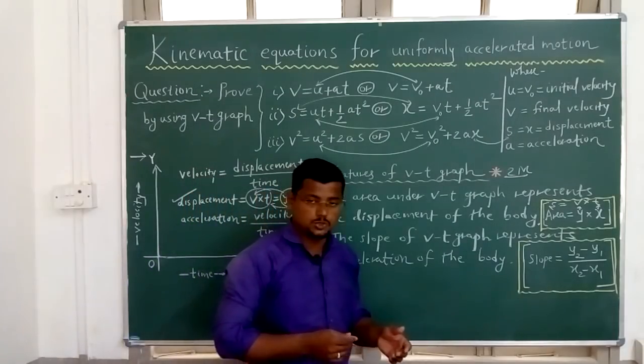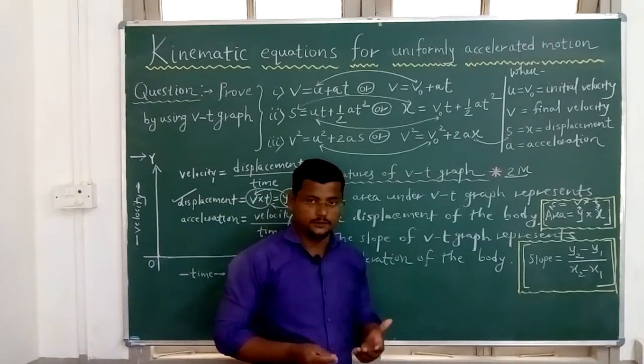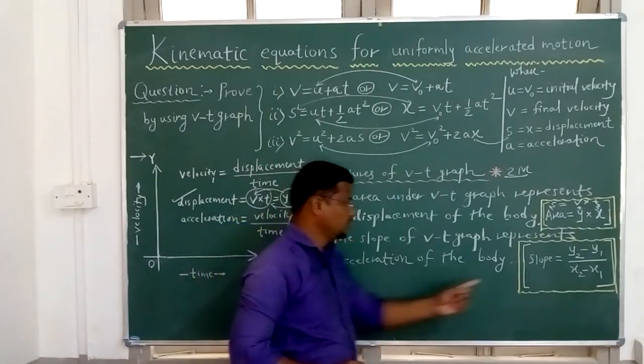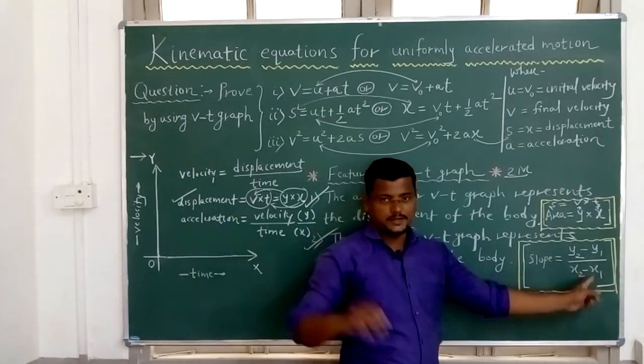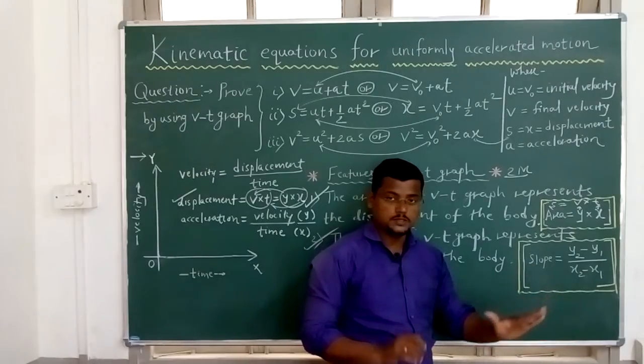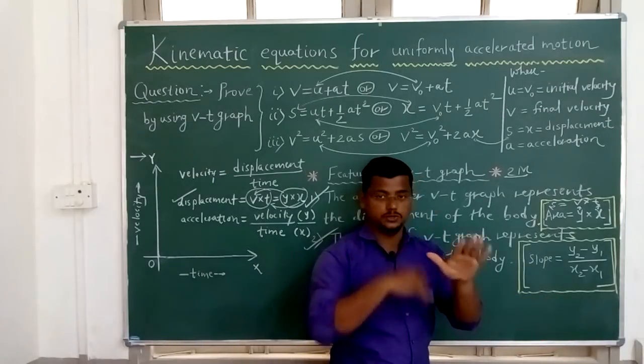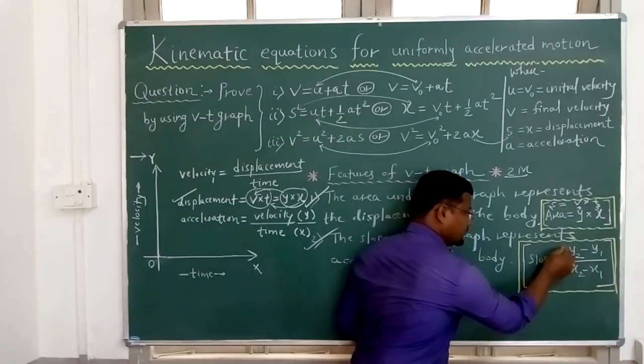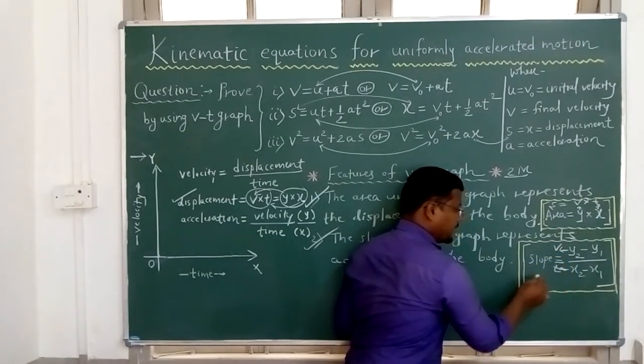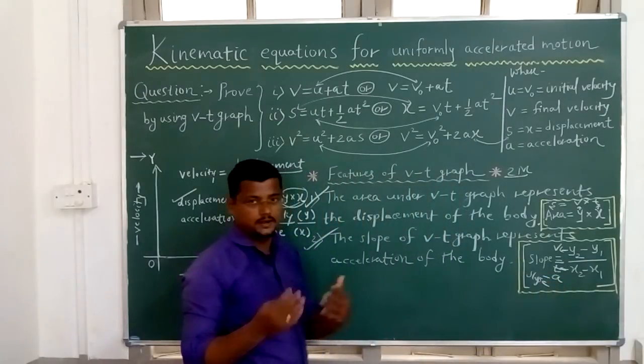Whenever you want to find the slope, you might have studied in high school, the slope formula is y2 minus y1 divided by x2 minus x1. So slope means the y-axis in the numerator and the x-axis in the denominator. Along the y-axis we have velocity, along the x-axis we have time. So what is velocity by time? Acceleration. So if you find the slope of a VT graph, you will get acceleration.